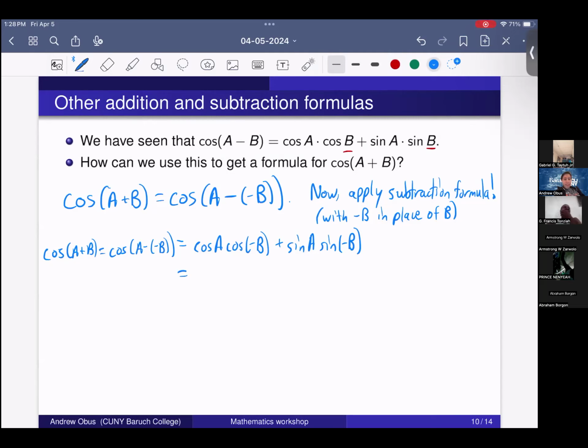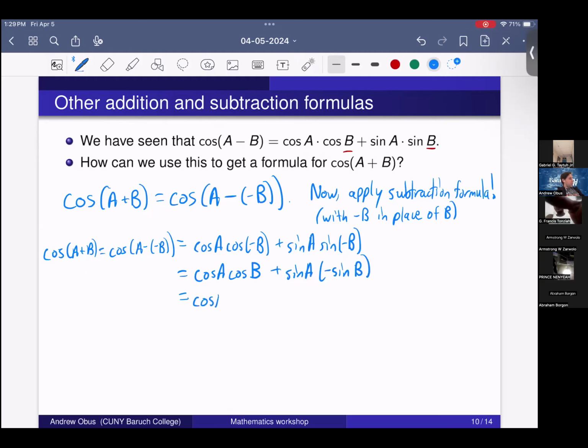So cosine of minus b, remember, is just the same thing as cosine b, right? So this is just cosine of a times cosine of b. And sine of minus b, remember, was an odd function, so that's going to be negative sine of b. So this is plus sine of a times negative sine of b.